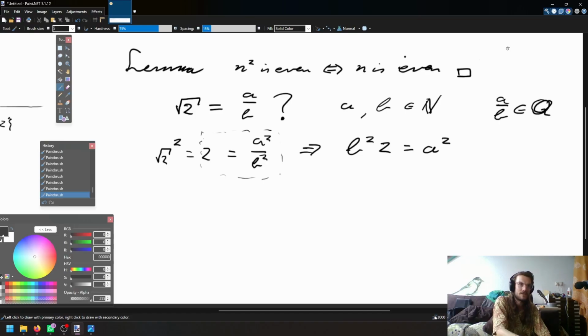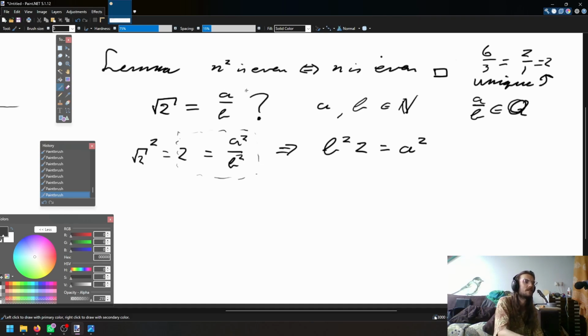So, for instance, 6 over 3 is equal to 2 over 1, right? Because both are divisible by 3, which is just 2. And I want to know if a and b, every quotient has a unique simplification. So I also want this to be the unique simplification, which means a and b cannot be divisible by the same number. Everyone on board?